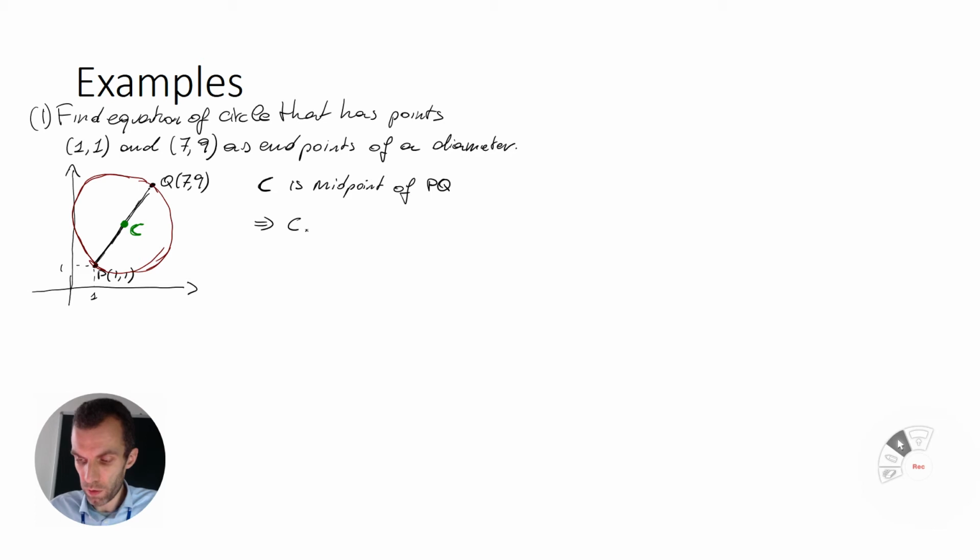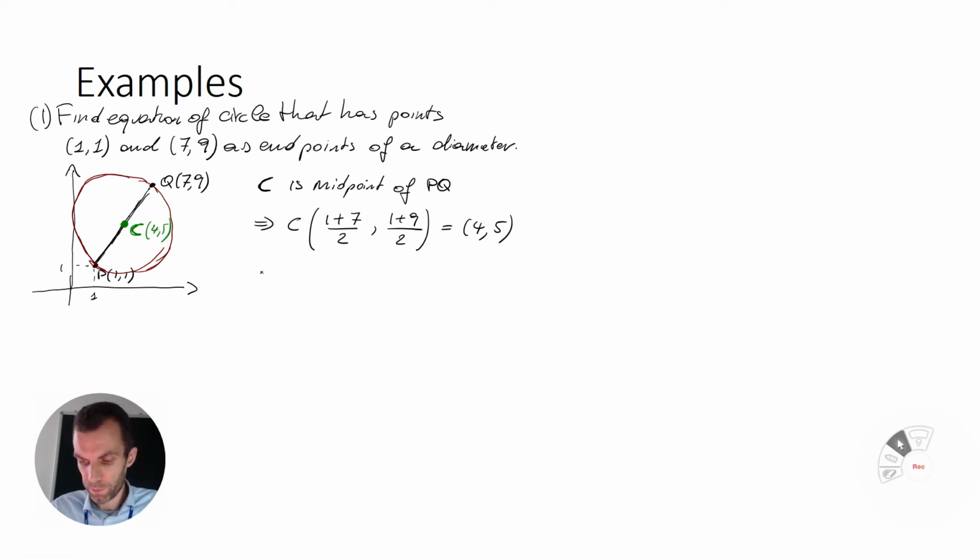The coordinates are the sum of the x's, 1 plus 7 divided by 2, and the sum of the y's, 1 plus 9 divided by 2. So that gives me 8 divided by 2, or 4, and 10 divided by 2, or 5. So this tells me that the coordinates of the center are 4, 5.